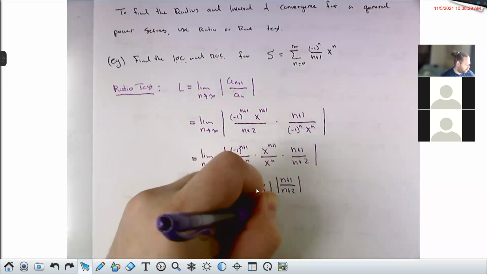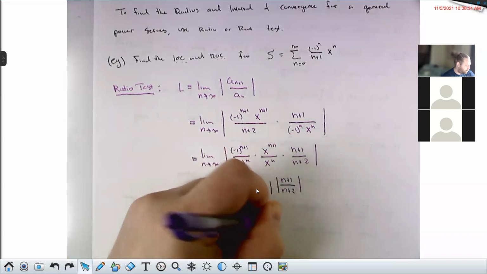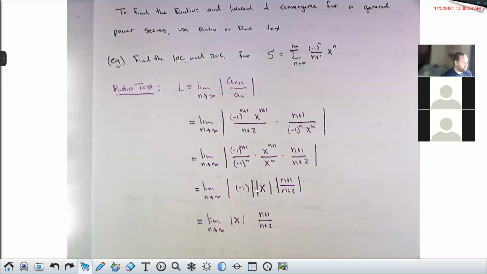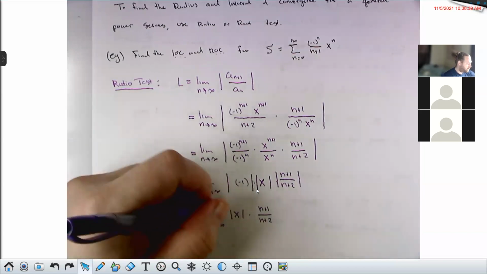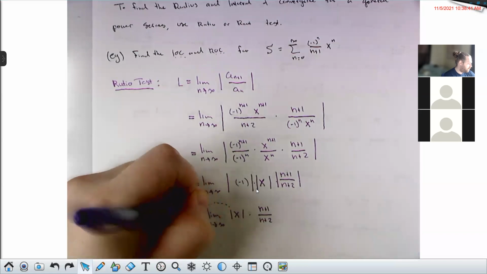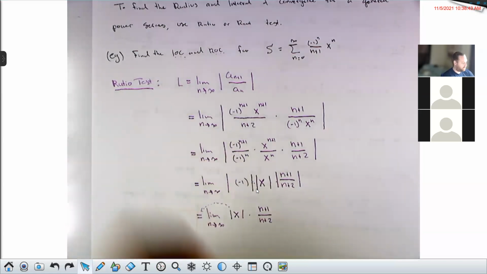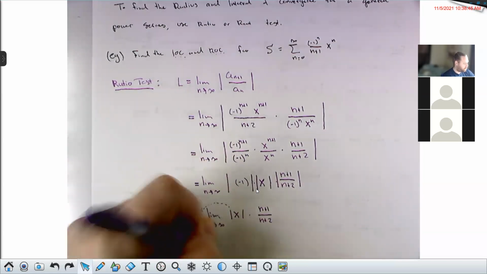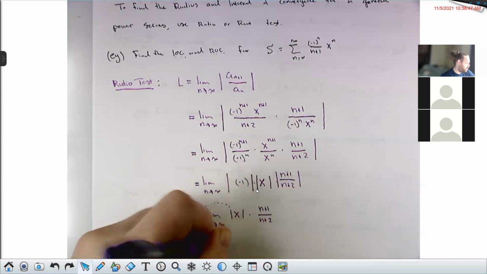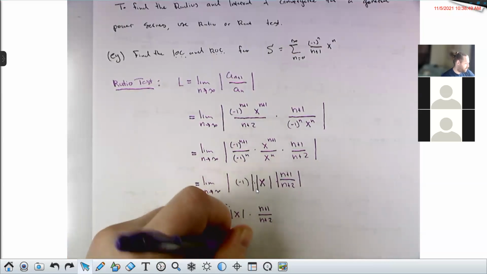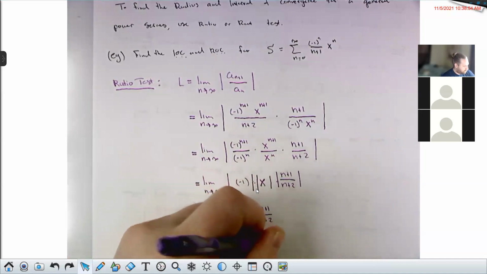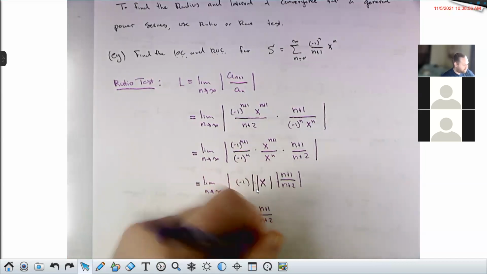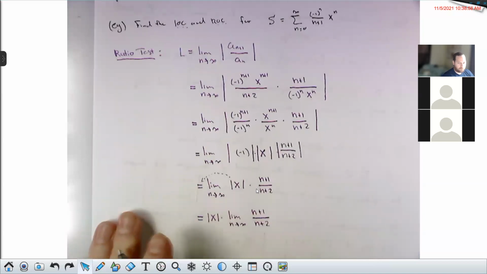This is just n plus 1 over n plus 2 without absolute values. And this x here doesn't have any n's in it. It can come out in front of the limit if you want. So all we're really taking the limit of is n plus 1 over n plus 2.